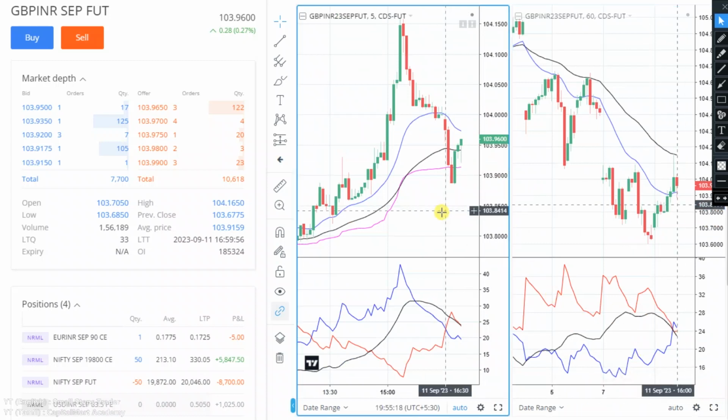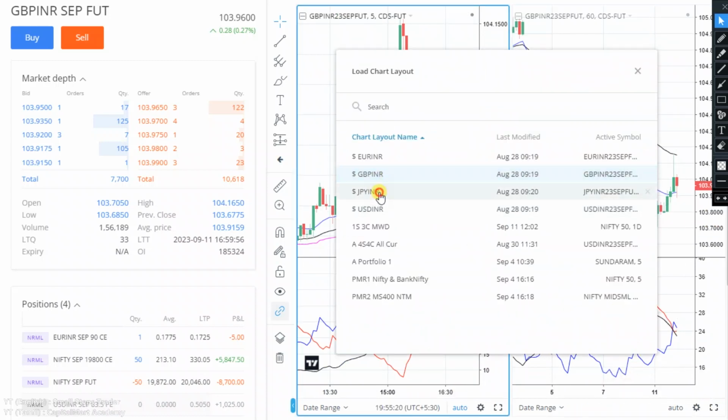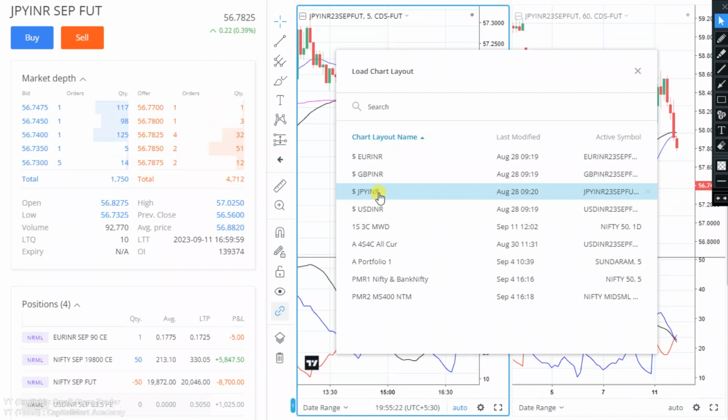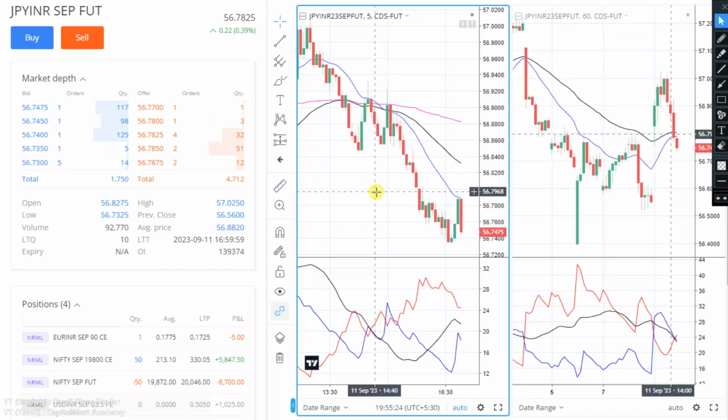Now we will see JPYINR. JPYINR previous close is 56.56, opening is 56.82, almost 25 points gap up. On a close to close basis it closed 22 points positively. So it finished quite a bit less than the gap up.